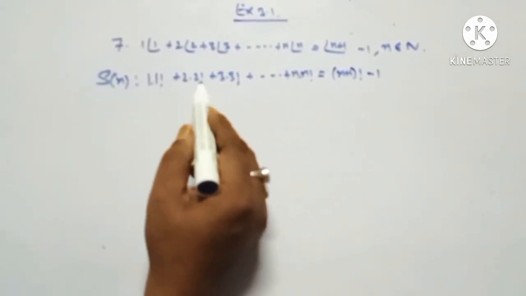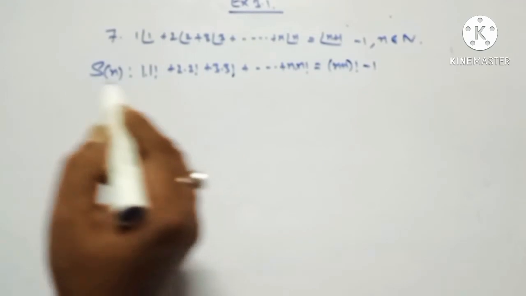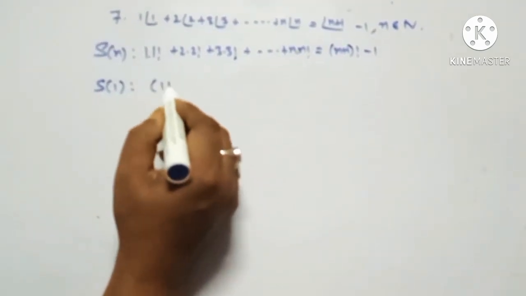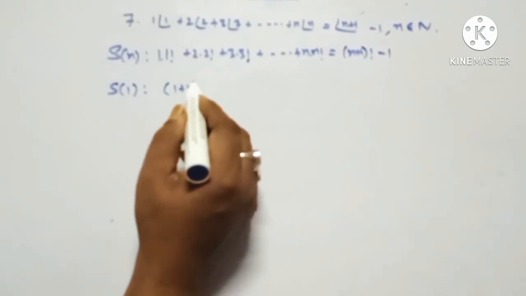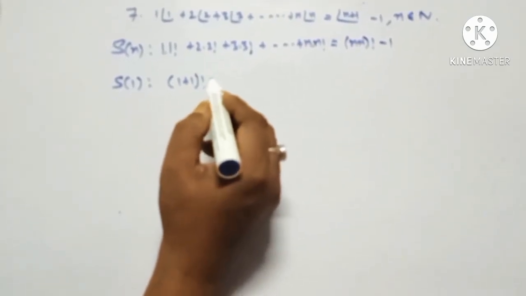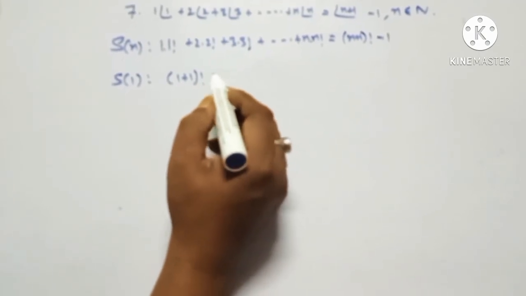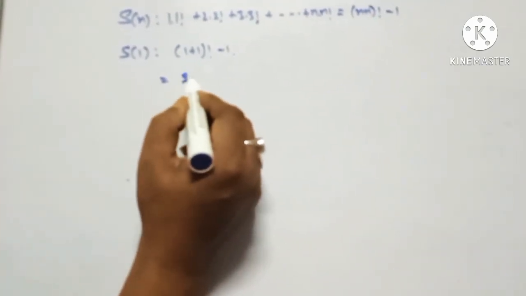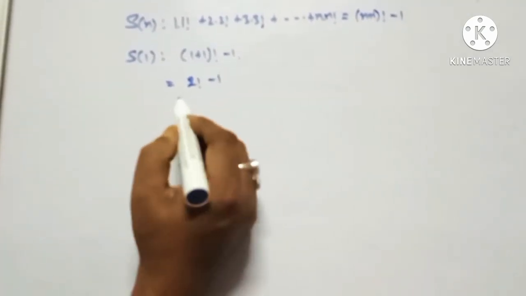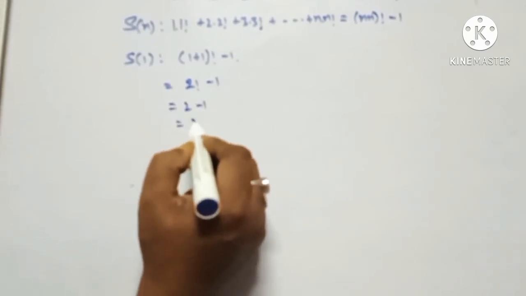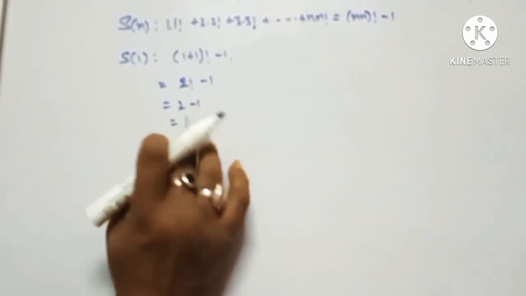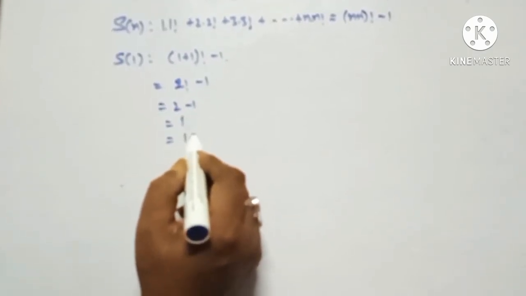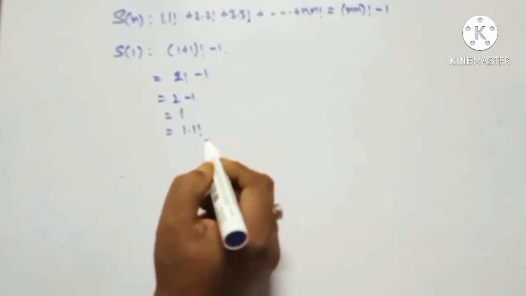So here, again, as n equals 1, this will be (1 plus 1) factorial minus 1. So this will be 2 factorial minus 1. 2 factorial is 2, 2 minus 1 is 1, and this can be represented as 1 into 1 factorial. We can represent it like this.